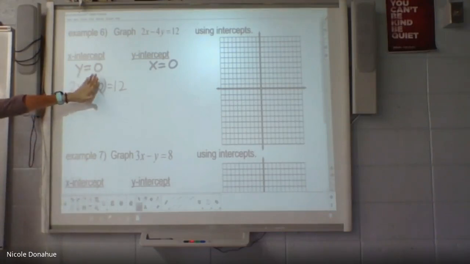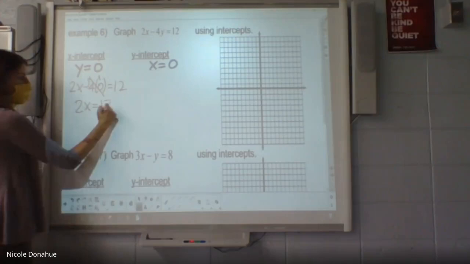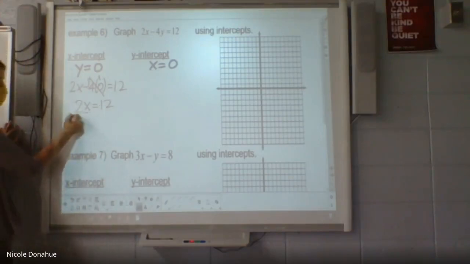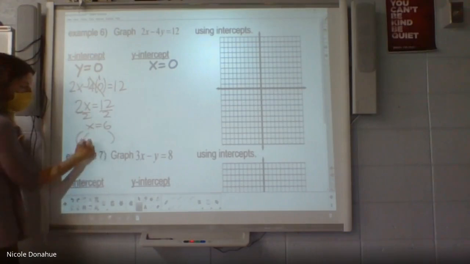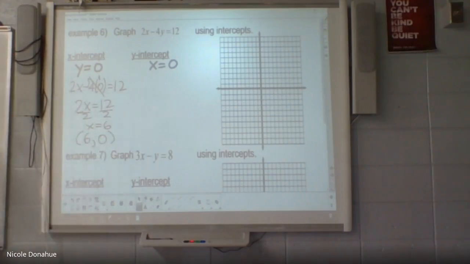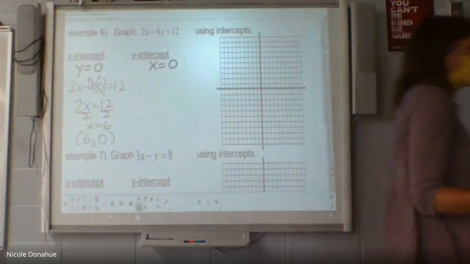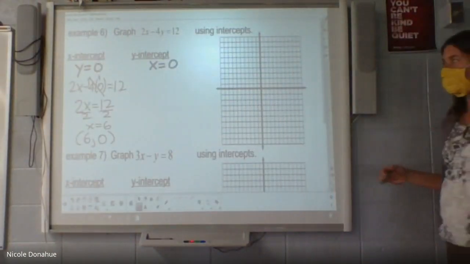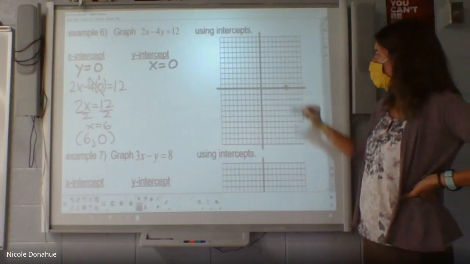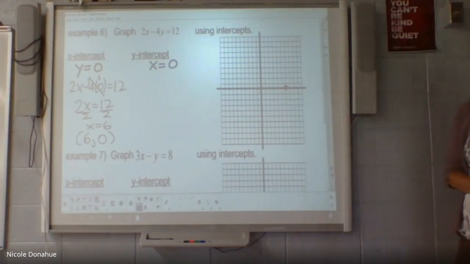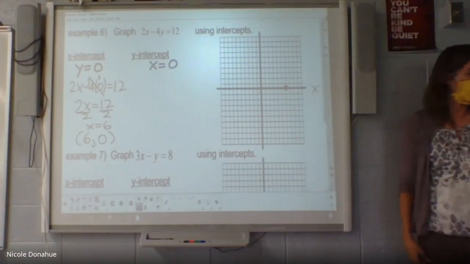So you can just ignore that part and say, well, 2x has to equal 12. That's a pretty easy equation to solve. So x ends up being 6, and I have a coordinate point of 6, 0. Putting 0 in is a really nice number to use. So on the x-axis at 6, I put a dot.